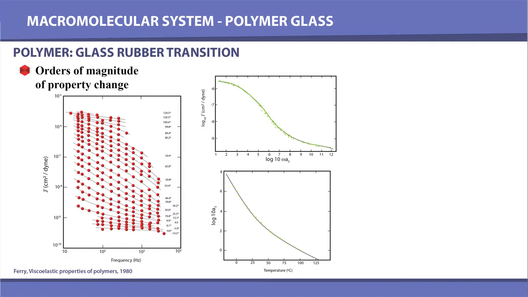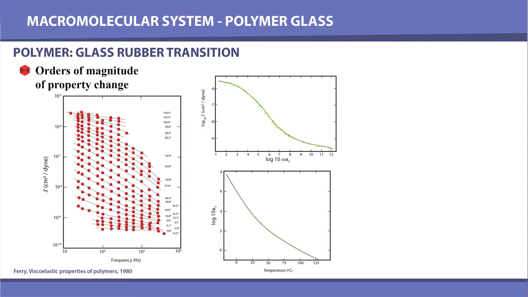What we are looking at is different temperatures, from 129.5 all the way to minus 14.3, and since we are looking at the elastic part of the compliance, we are looking at the storage compliance.